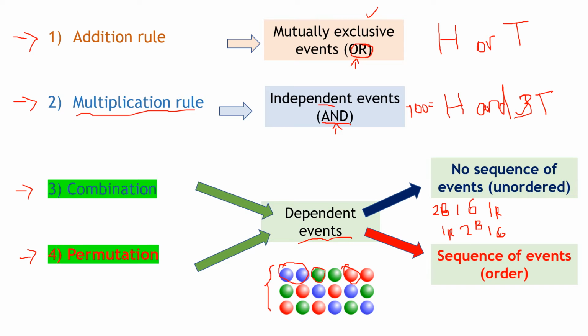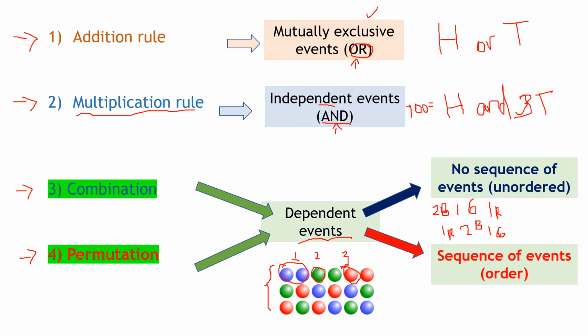With permutation, the sequence of events means there should be an order: you should get first this one, later this one, and later this one. Again, to summarize, remember there are 4 options, and each one is different.